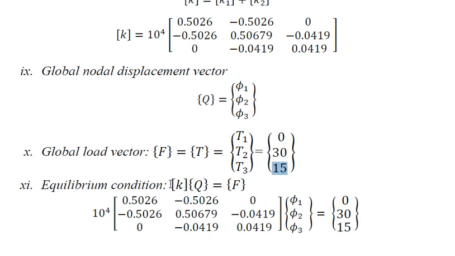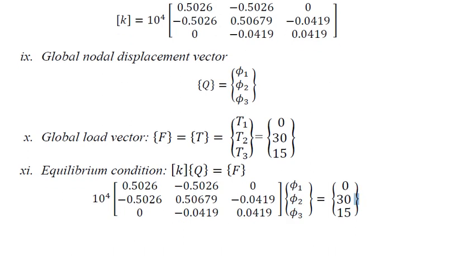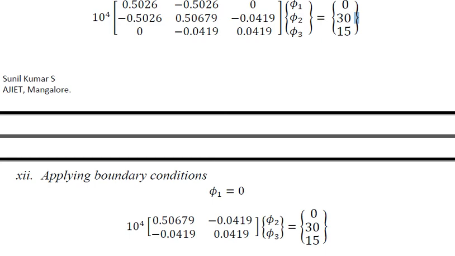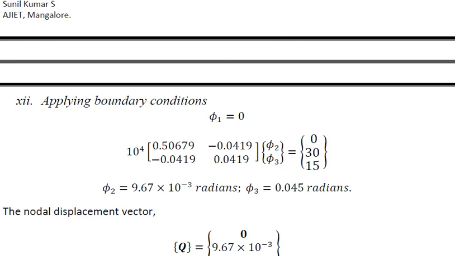So the equilibrium condition is the same as that of the bar. KQ is equal to F, or KQ is equal to T. K into the displacement vector is equal to T. We have to be careful about the units. After applying boundary conditions, since node 1 is fixed, the first row and first column are eliminated.